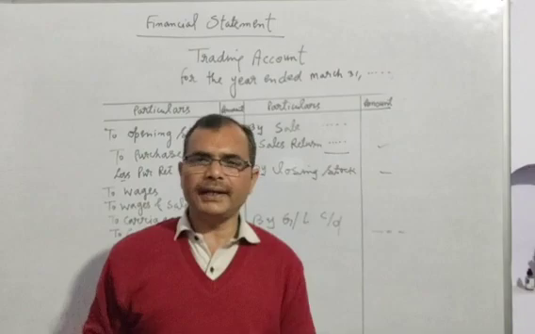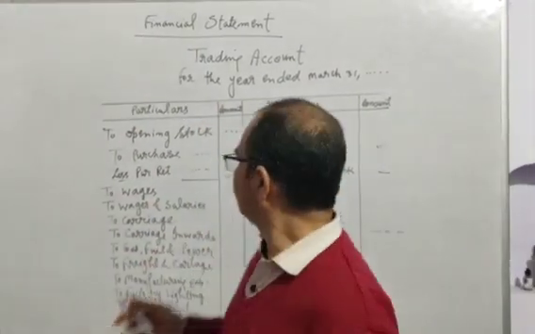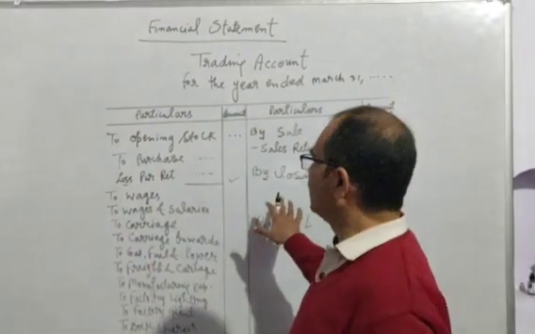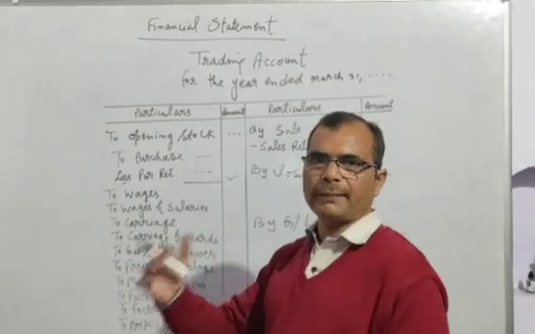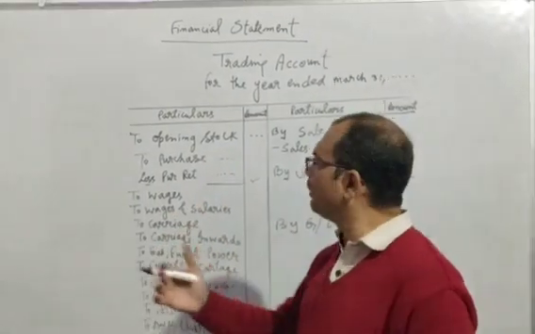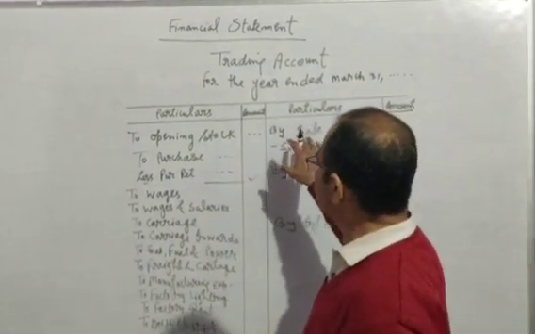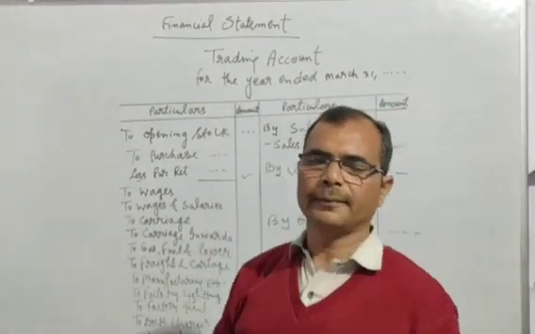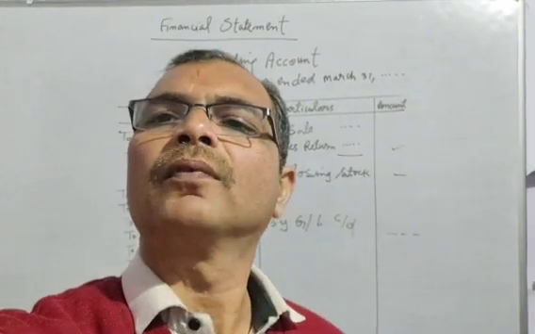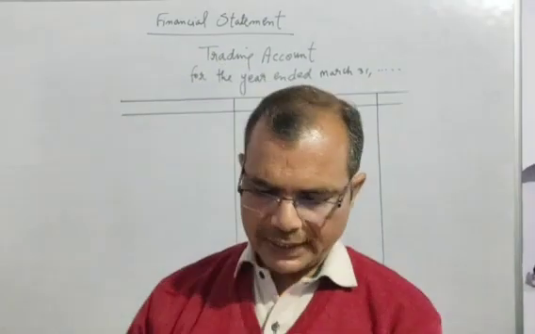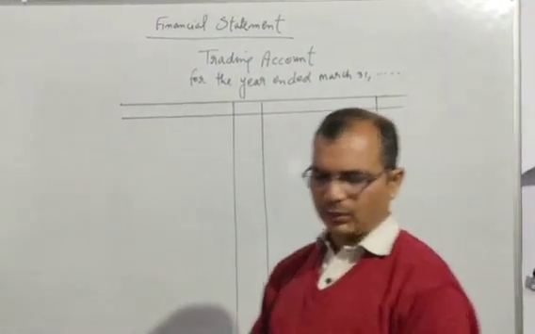Now how can it be prepared? This is the format you will have to learn. Now we will take another type of question, one simple question that you will understand very easily. Students, now we are taking a question.